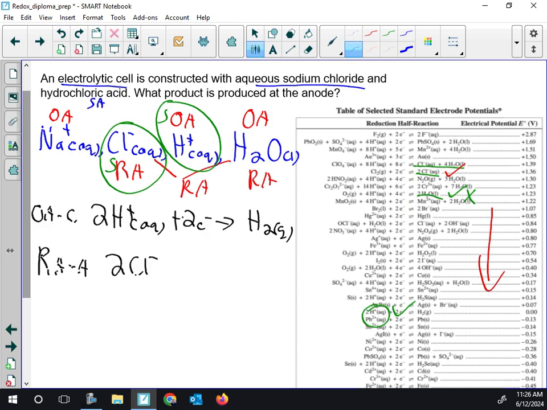And this is the oxidation, so the flip of the equation that's in the table. 2 chloride ions is going to make elemental chlorine. So what is the product produced at the anode? It is going to be elemental chlorine, or chlorine gas, which bubbles.